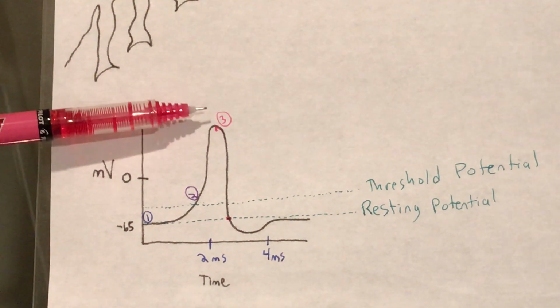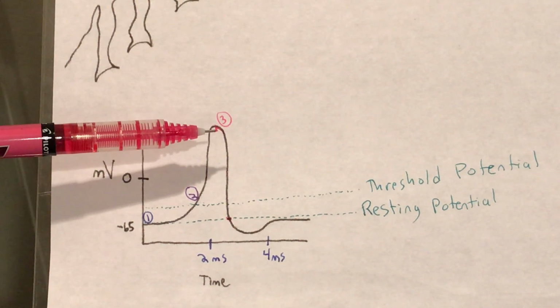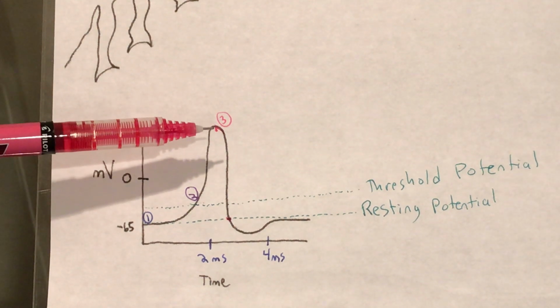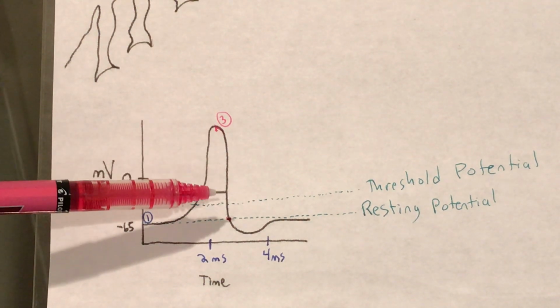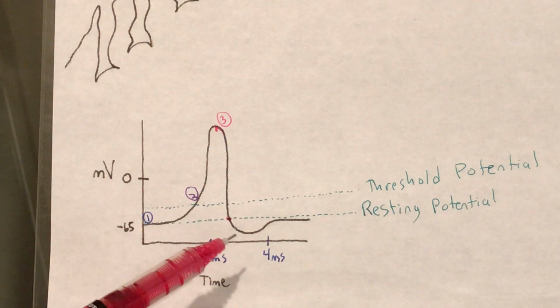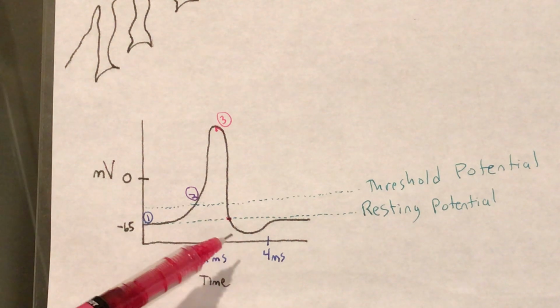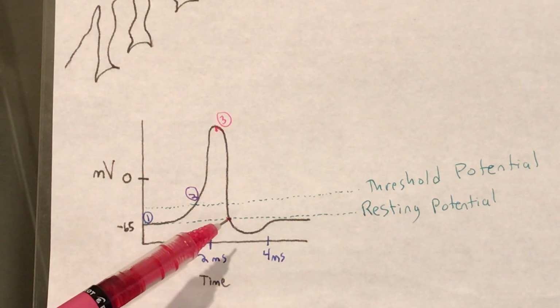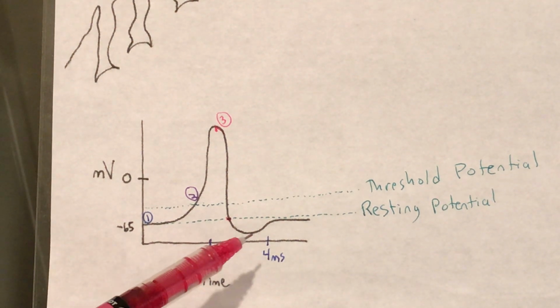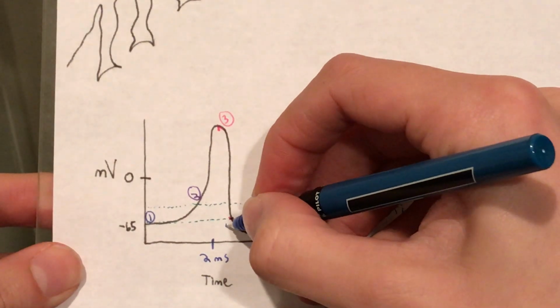So remember, these voltage-gated potassium channels are slow to close, so they're kind of overcompensating to get things back to normal. And so too many positive ions flow out, which results in a more negative cell than it used to be at resting state. So this is what that dip represents, that hyperpolarization. So that is our step 4.